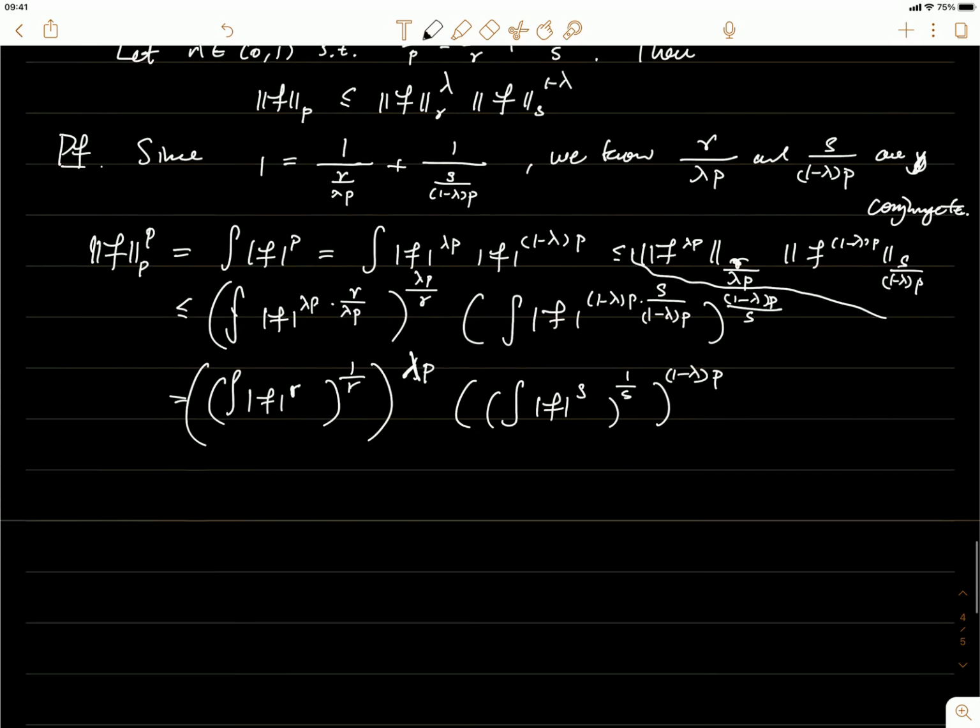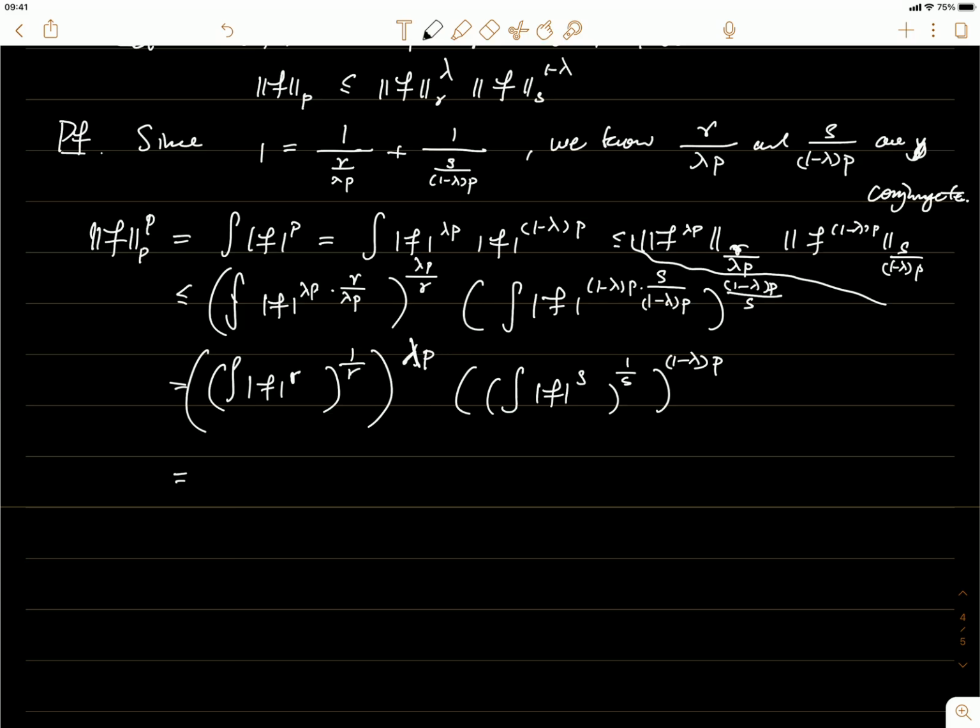Okay, so the right-hand side now can be written as the r norm of f to the power lambda p times the s norm of f to the power 1 minus lambda times p.